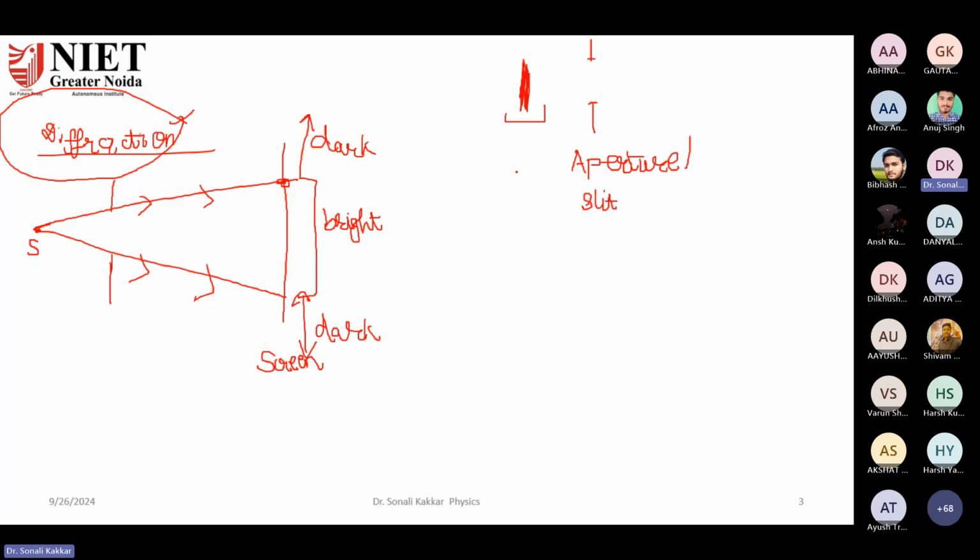And this is an obstacle. So diffraction is, first thing, bending of light around an obstacle or aperture.